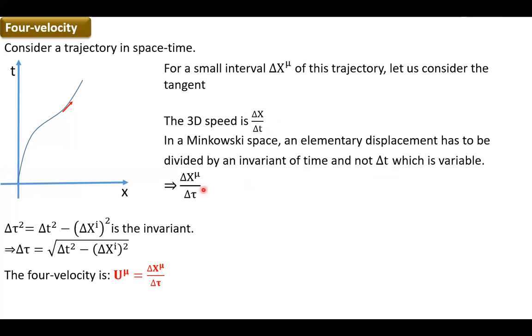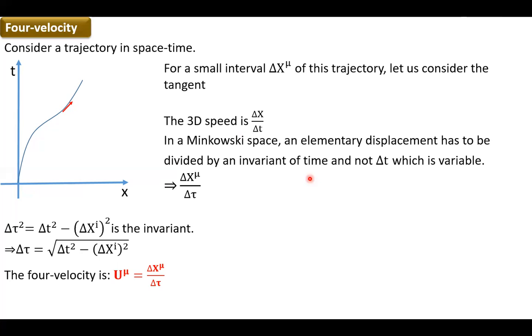Instead, we use delta tau, because the invariant of time is delta tau squared, the square of the proper time. So tau is the real time, not t. T is variable. So you cannot consider a 4-dimensional velocity by dividing the displacement by delta t.